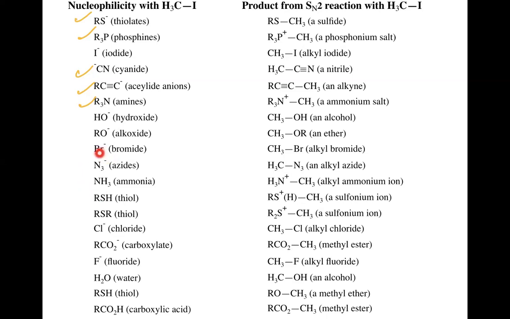Then we're back down to the azide and ammonia. Ammonia is a pretty good one, but it can get protonated. That's the one problem with it, that sometimes it's not as good. And then as we go down our list, eventually you reach a point where carboxylates are stabilized by resonance, so they don't want to share their negative charge as much. Fluoride is highly electronegative, so it holds on to the negative charge, so not that much. So they go from good to bad.